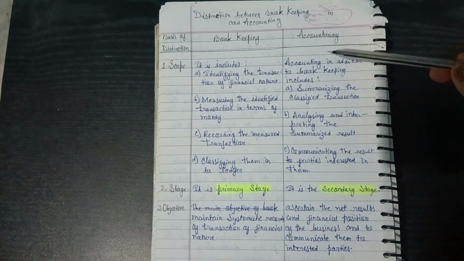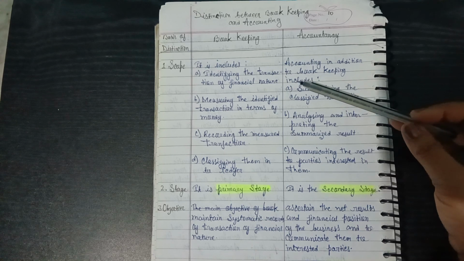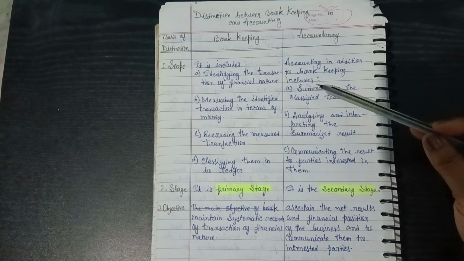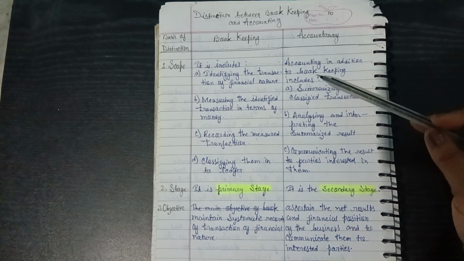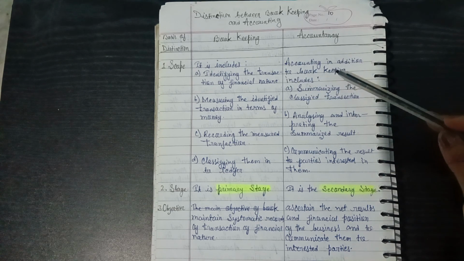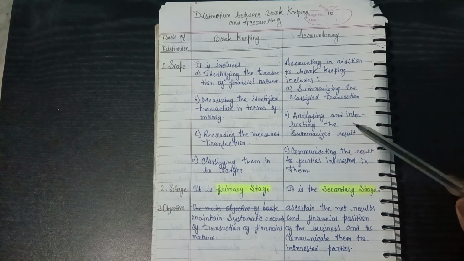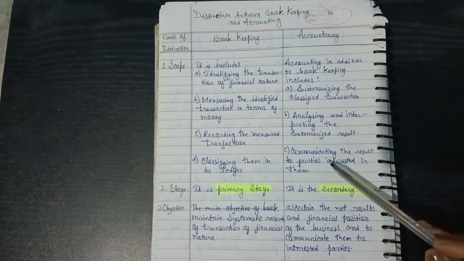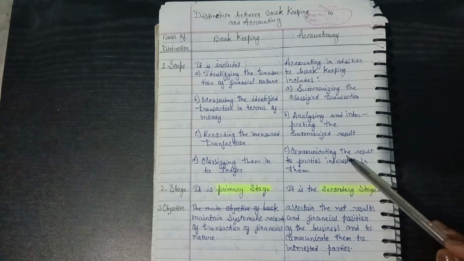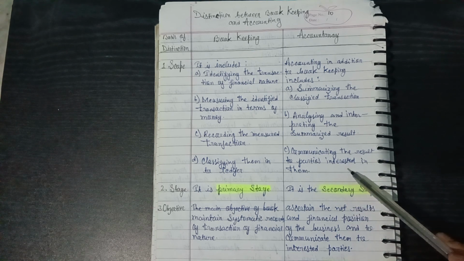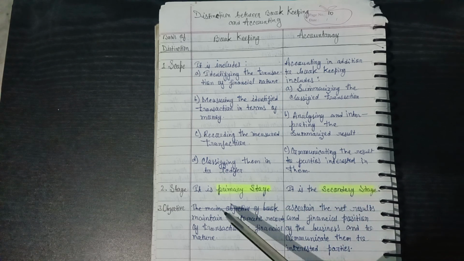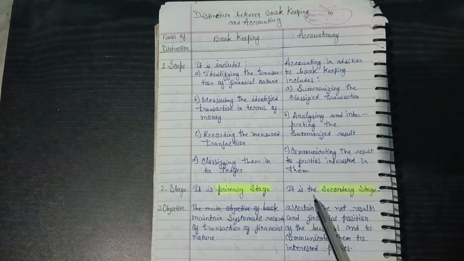But accounting includes bookkeeping. When bookkeeping ends, accounting starts: summarizing the classified transactions, analyzing and interpreting the summarized result and, at the end, communicating the result to parties interested in them. Stage: bookkeeping is the primary stage and accounting is the secondary stage.